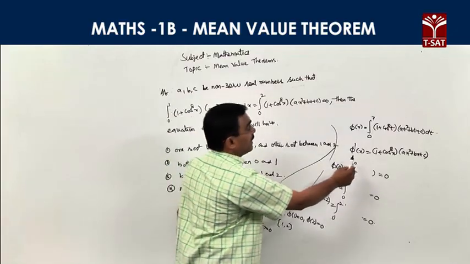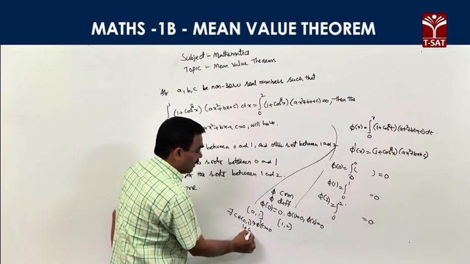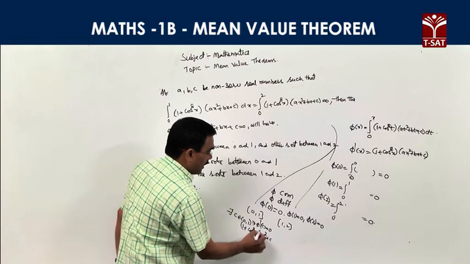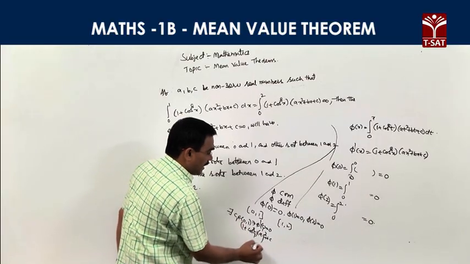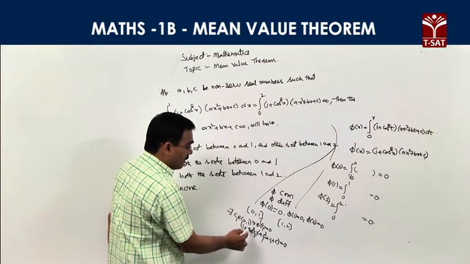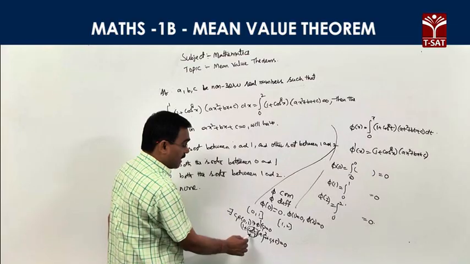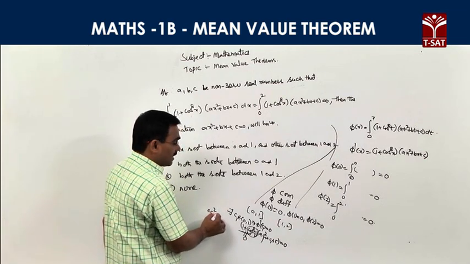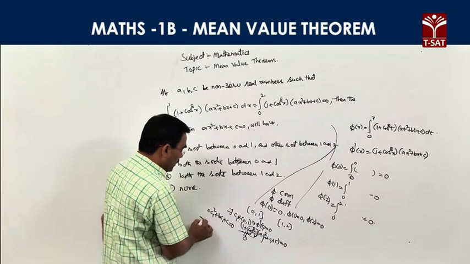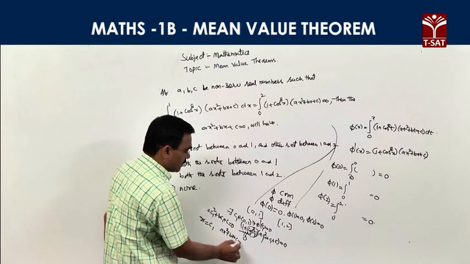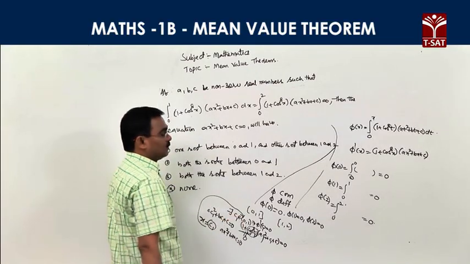What is φ'(c1)? φ'(c1) is nothing but (1 + cos⁸c1)(ac1² + bc1 + c) is equal to 0. Since cos⁸ is an even power, it is never negative, so 1 + cos⁸ is not equal to 0, only ac1² + bc1 + c is equal to 0, which means x equal to c1 is a root of the equation ax² + bx + c is equal to 0, where c1 lies between open (0, 1) here.